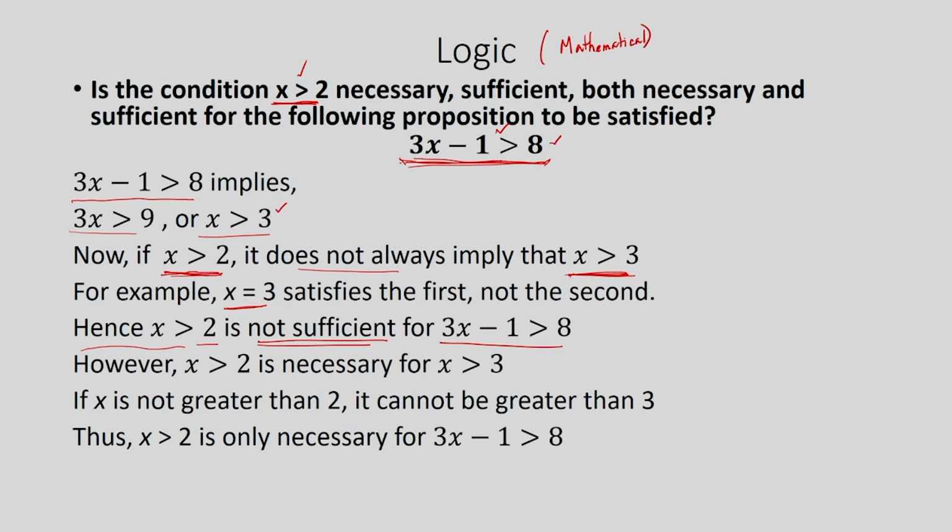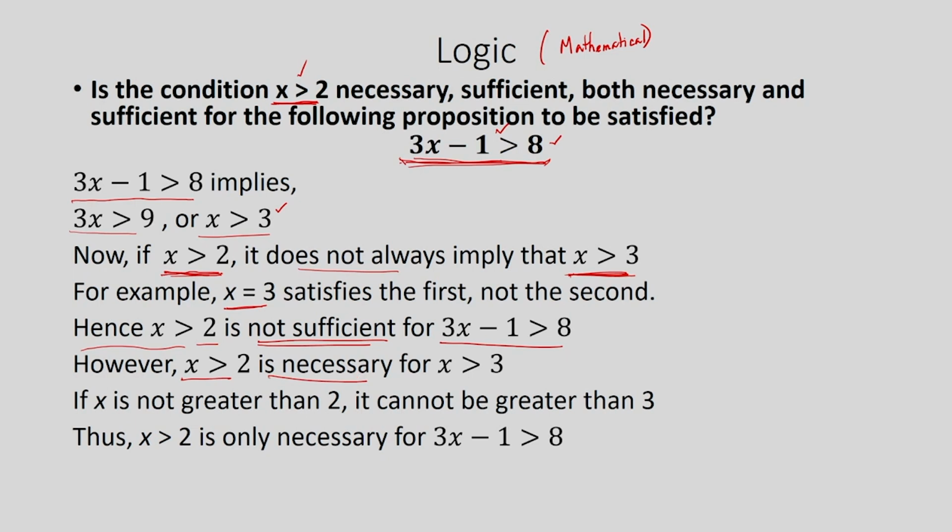Now, the next question is, is it necessary, right. If x greater than 2 is a necessary condition for 3x minus 1 strictly greater than 8. And here actually the answer is correct, that x strictly greater than 2 is necessary for x strictly greater than 3.